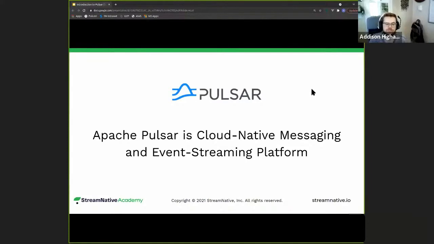And it's a messaging and event streaming platform, meaning traditional application messaging, things like work queues, pub sub, fan out, as well as high throughput ordered streaming applications. So this is large amounts of messages that are distributed across many different instances. Pulsar can do both of those things in one package.